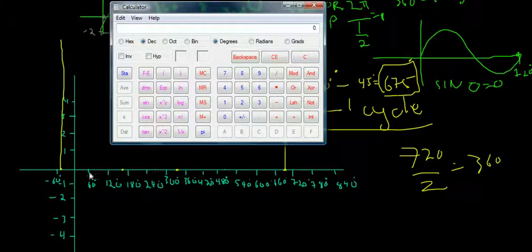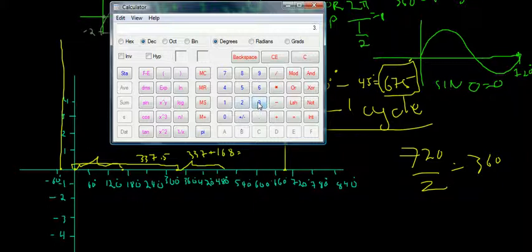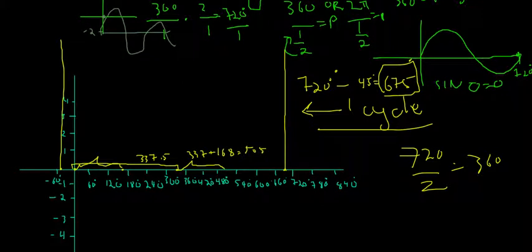Because the midpoint from 0 to here was 337.5, and the midpoint of that was 168, so you just add 168 from this point. 337 plus 168 should give you 505, so that's your midpoint. 505 is around 540 and should be around there somewhere. That's another one of your midpoints.